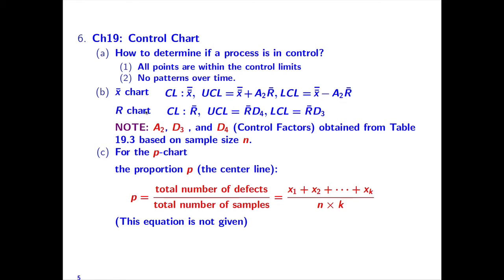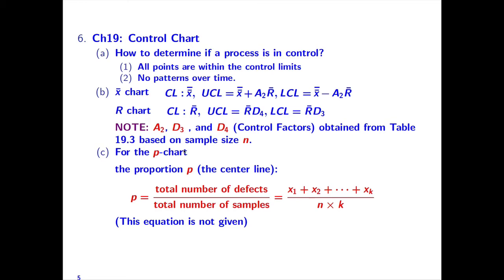For the R chart, your center line will be R bar, and your upper control limit will be R bar D4, and your lower control limit will be R bar D3. And there's one very important note. A2, D3, and D4 are based on the sample size n, from a table that is table 19.3.